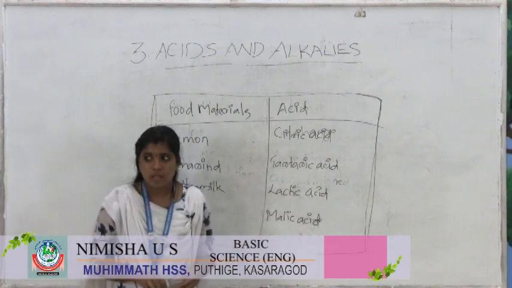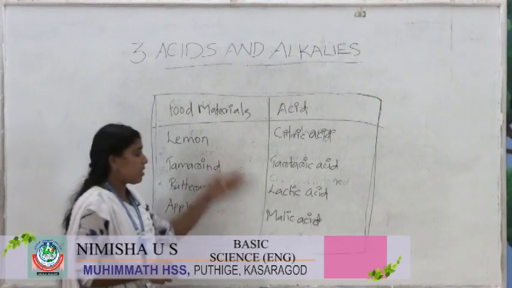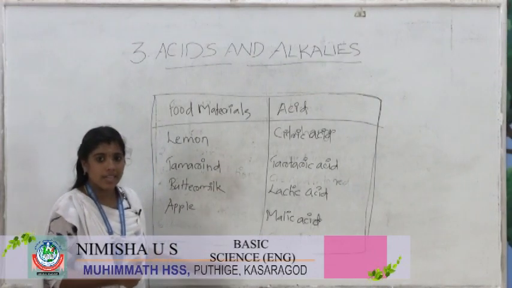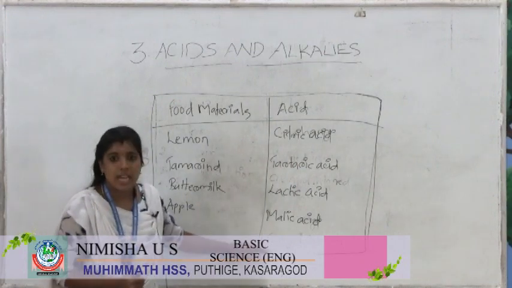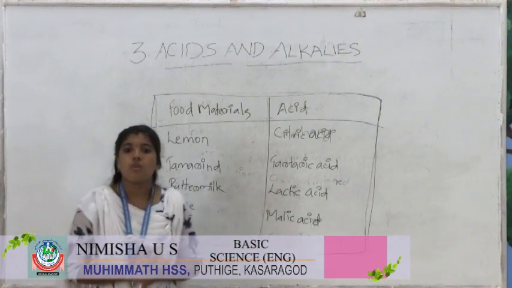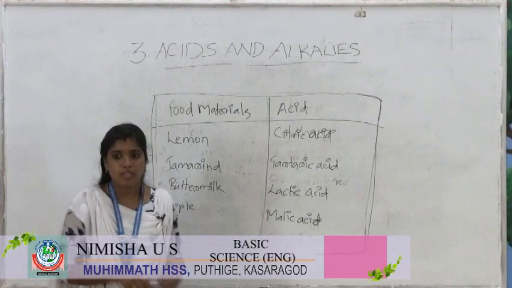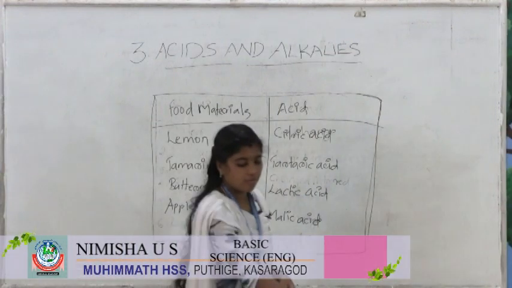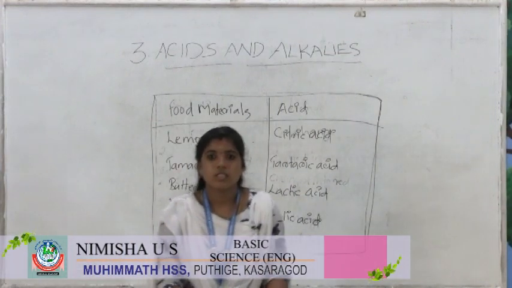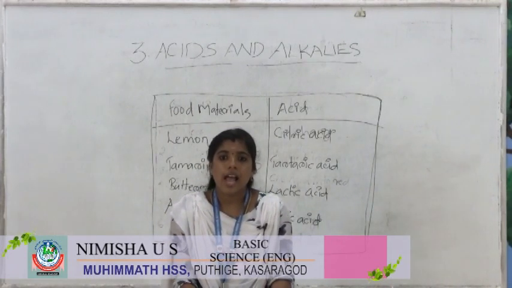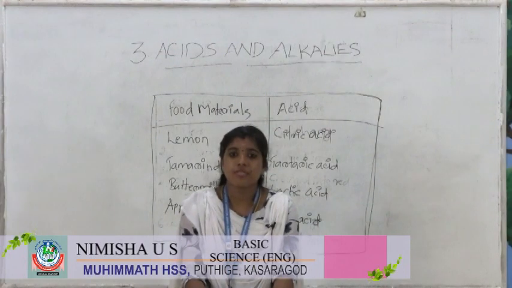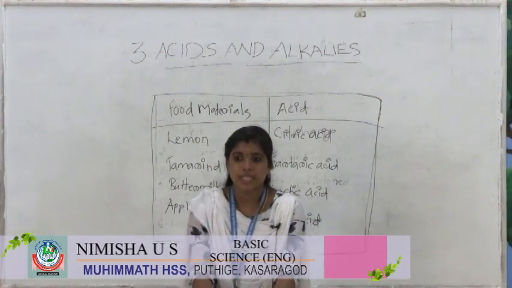So, students, you have to extend the table by adding more examples of acids that are present in food materials. Okay. So, now we have learned about the acids and the different acids present in the food materials.